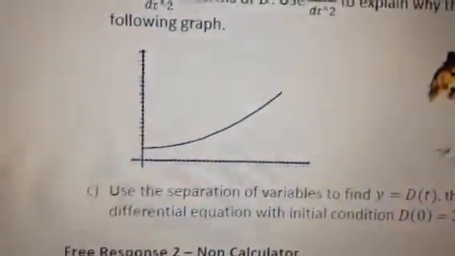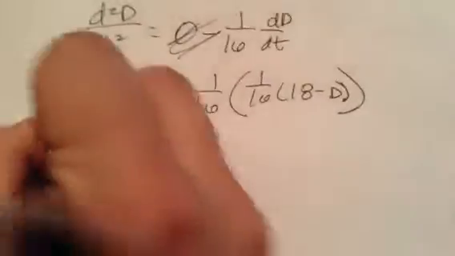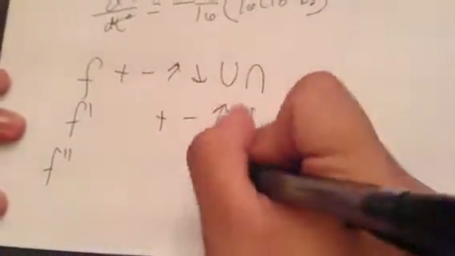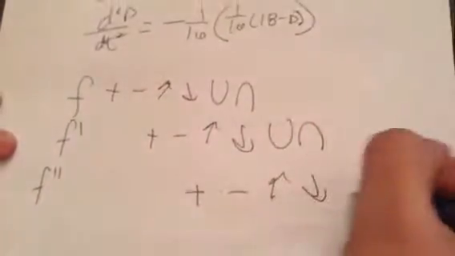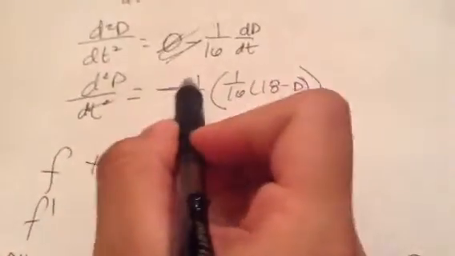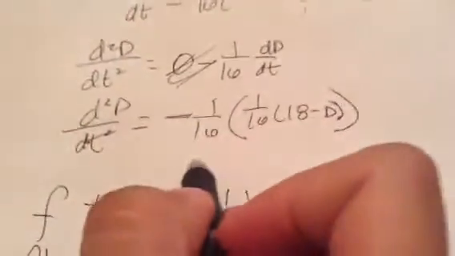And so basically to do that, we're going to use the little model: f prime, f double prime, plus minus, increase decrease, concave up, concave down. And so right here we find that the second derivative is negative because of this negative 1/16 on the outside.